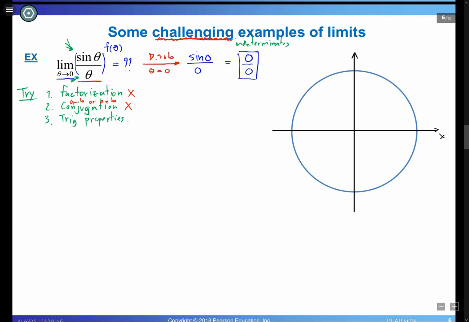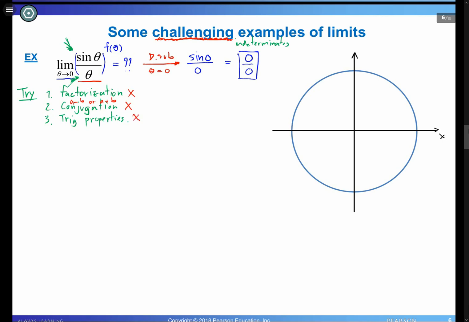Is there anything we can apply to sine theta to change it to something else that is simpler? I don't think so. This is as simple as it can be. It's sine theta. Same thing here with the theta. So I don't think we can use any properties here. So trig properties are going to fail too.